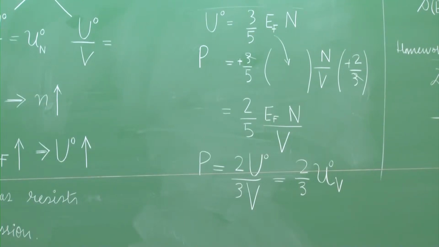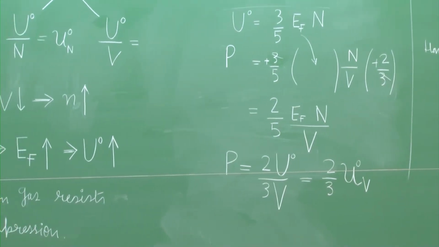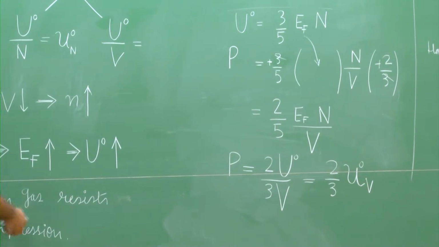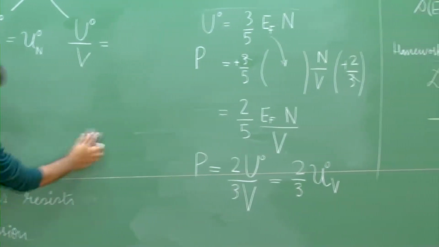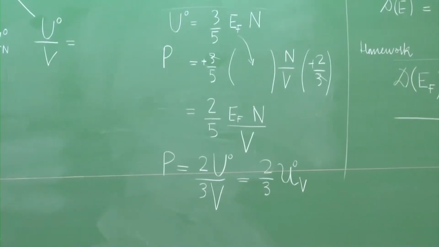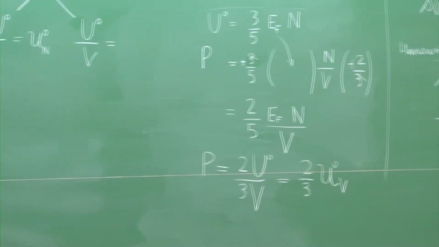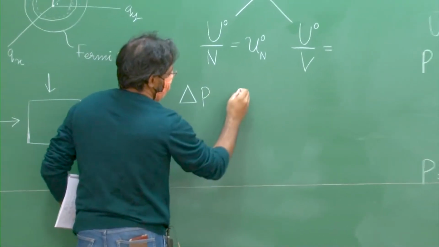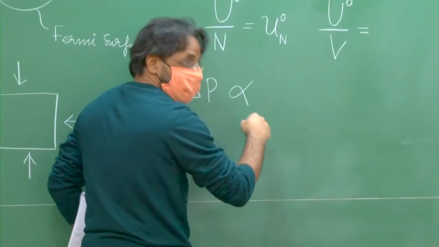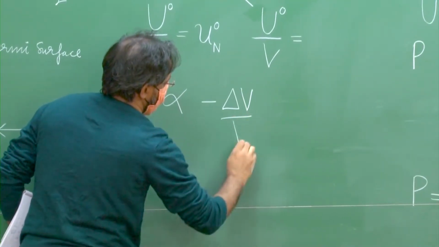Now that we have the expression for the pressure, we can go ahead and work out the bulk modulus using this scheme. So how do you define a bulk modulus of a material? If you apply a pressure delta P, then the volume decreases. So it is minus delta V over V, right?